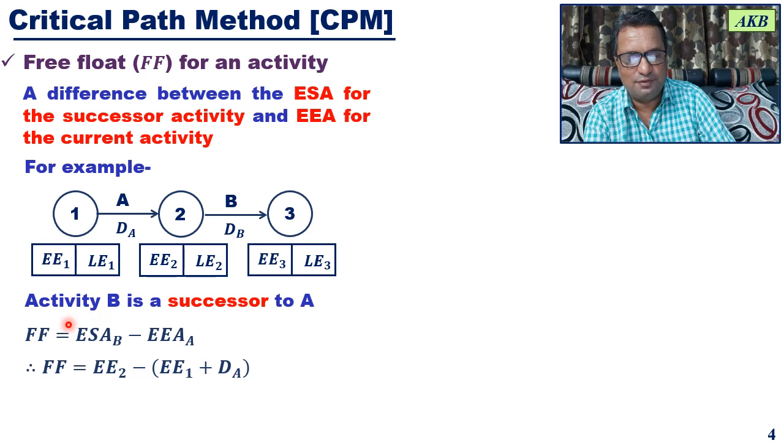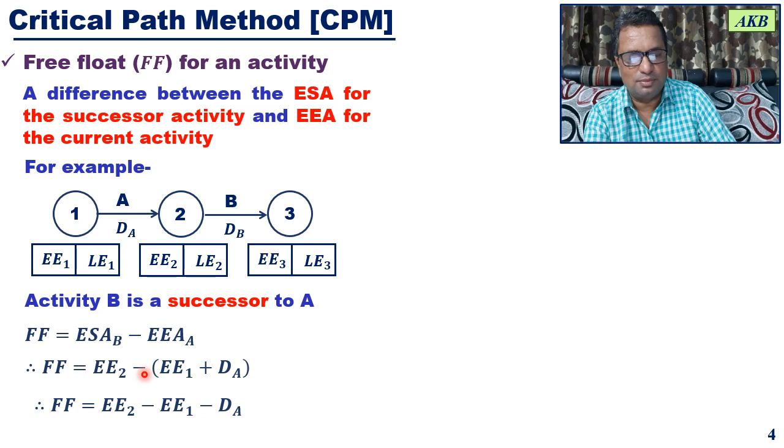We have written what the earliest start time for activity B is, and we have also written what the earliest end time for activity A is, that is, the earliest event time for the tail event plus the activity duration. If you rearrange this equation, how is it rearranged? Free float will be equal to EE2 minus EE1 minus DA.